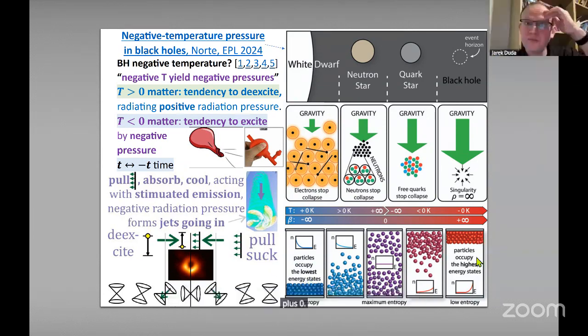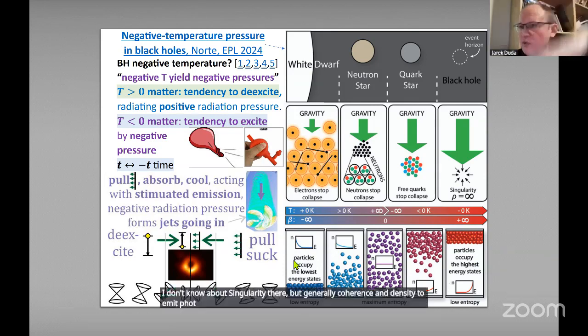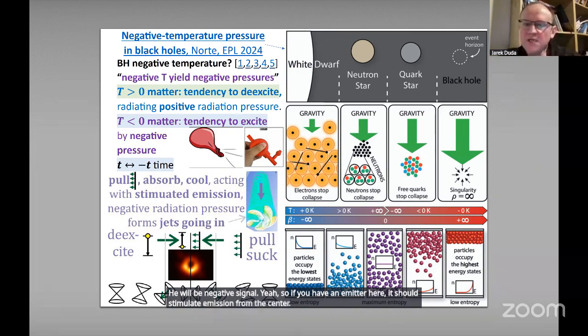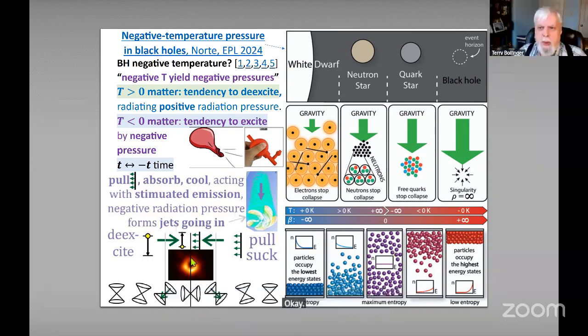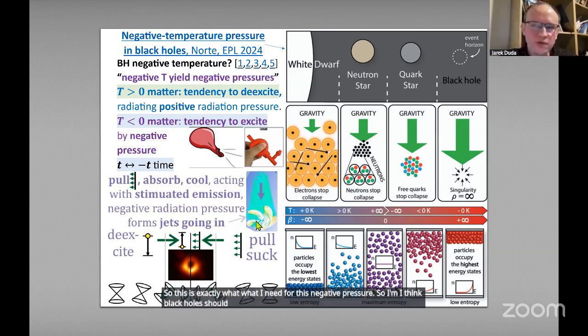I don't know about singularities there, but generally, here is a tendency to emit photons. If something is excited, it wants to emit. Here is a tendency to absorb photons, so this is the reverse tendency. Here would be a positive signal, here a negative signal. If you have an emitter here, it should stimulate emission from this emitter. This is exactly what I need for this negative radiation pressure. So I think black holes could be observed by focusing on negative radiation pressure.